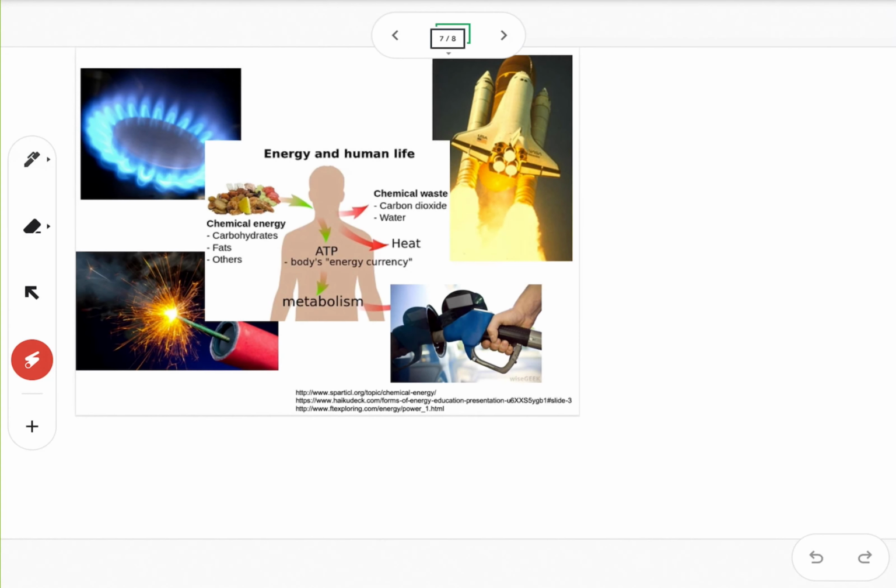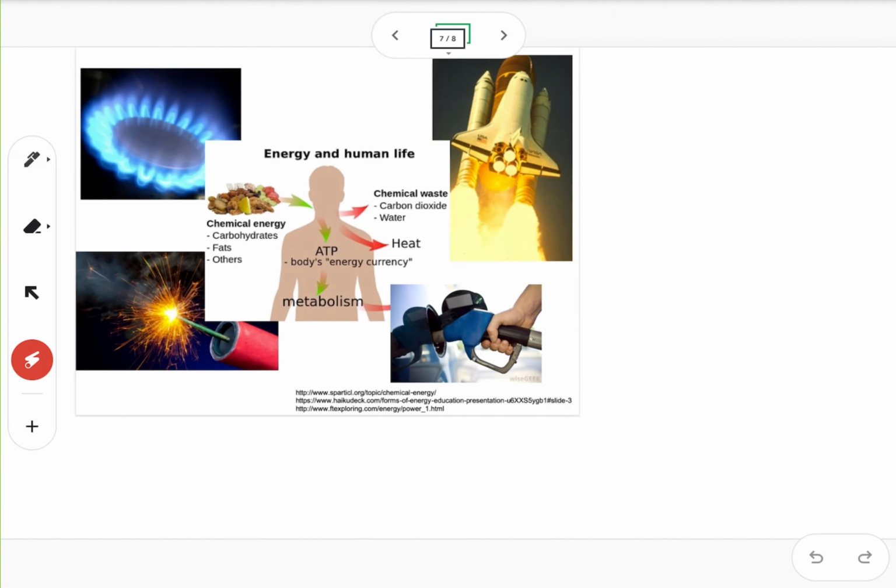For instance, when you eat your food and the food breaks into smaller parts, the energy associated with the chemical bonds will be released, and that's how we synthesize ATP and use that as an energy source. Here the methane gas, the major component is CH4.